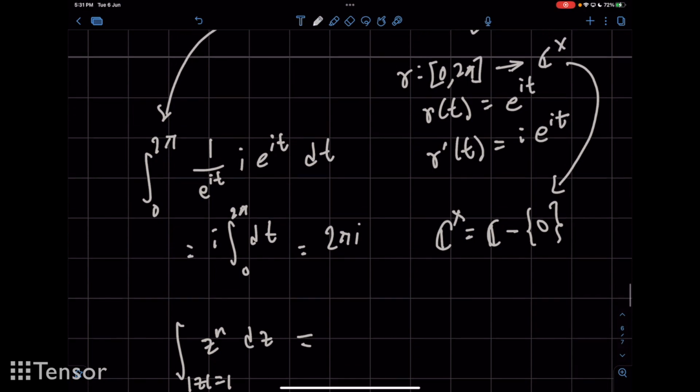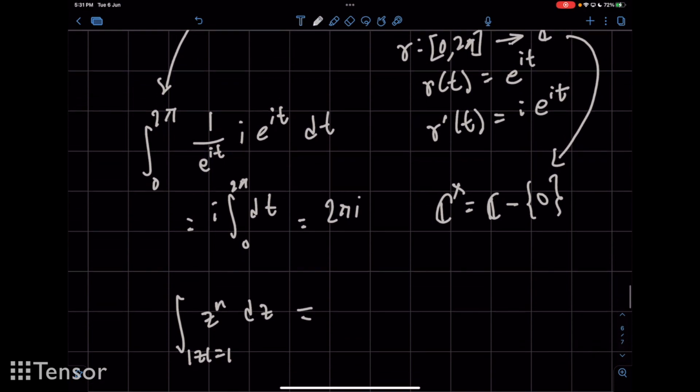Here as well, we are going to parameterize gamma as we did before. So this integral becomes the integral from 0 to 2 pi of f of gamma of t, where gamma of t is e to the power it and f is z to the power n, times gamma prime of t, which is i e to the power it.